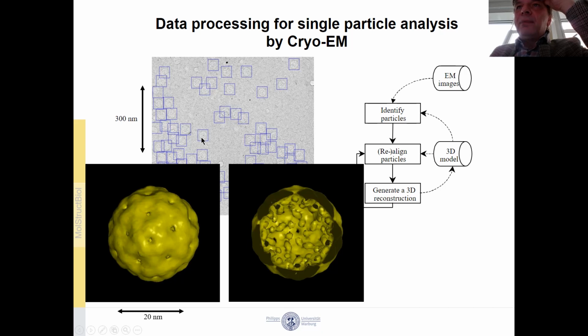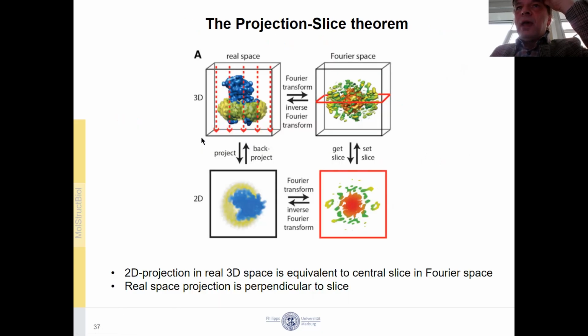The interesting point is given by the projection slice theorem. What is it saying? When you have a 3D structure and you project it from that direction onto that plane, you get some projection image. It can be directly converted by Fourier transformation to the Fourier transform of the whole particle.